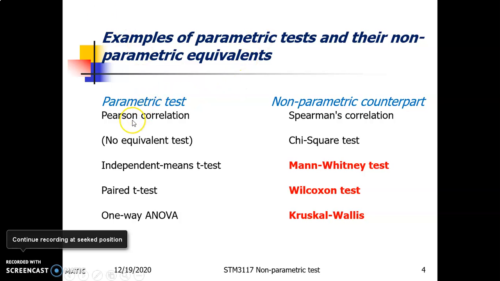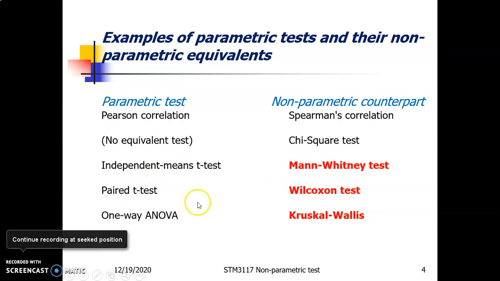So if for the parametric test we use Pearson, when the data is not normal or non-parametric, we use Spearman correlation. So there's no equivalent test for chi-square. And then if you use independent t-test, okay, the substitute for independent t-test is Mann-Whitney test.